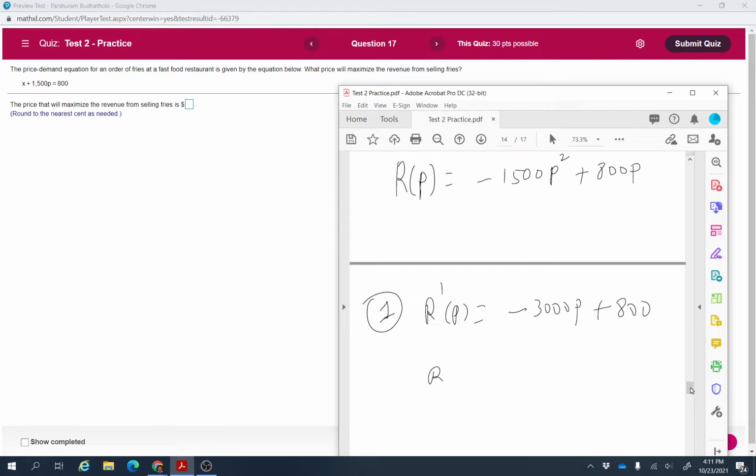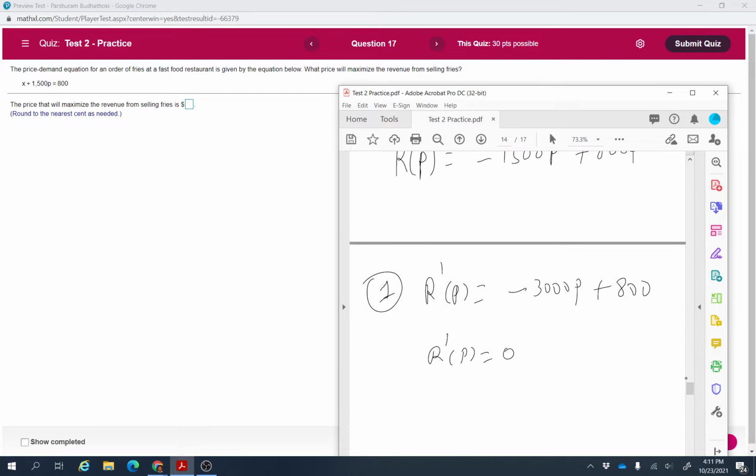And then if you equate this to 0 and solve for p, that will give you the critical values. So that is negative 3000p plus 800 equals 0. If you solve for p, that will be 800 over 3000. So this 0 is gone, so it is 8 over 30.